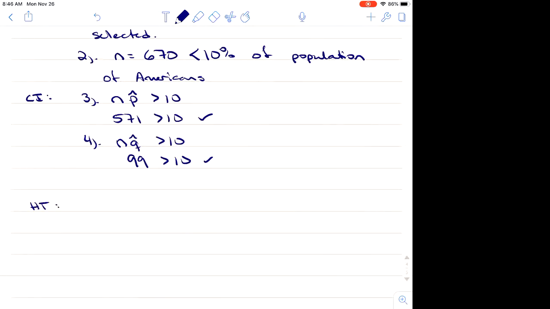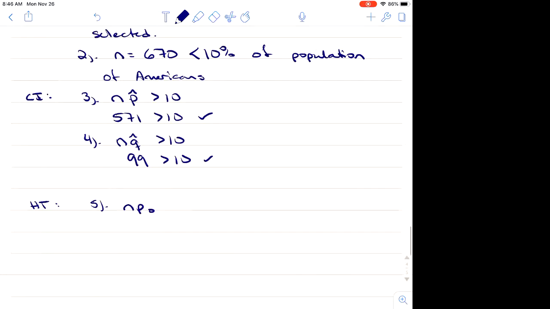For hypothesis testing, just keep numbering, I guess. We have to test that n p naught. n p naught is n, which is 670, times p naught, which is 0.80.